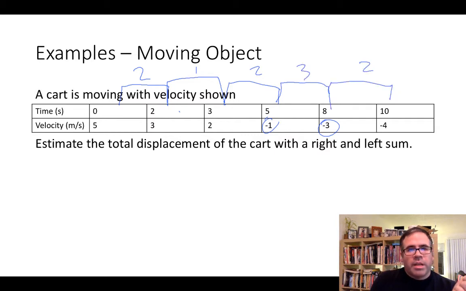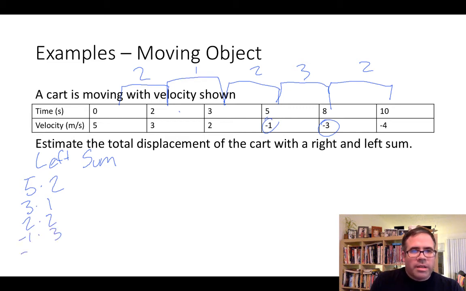Right? And so if we do our left sum, we take the left-hand side from each interval, so it's going to be 5 times 2, and then 3 times 1, and then 2 times 2, negative 1 times 3, and then negative 3 times 2.